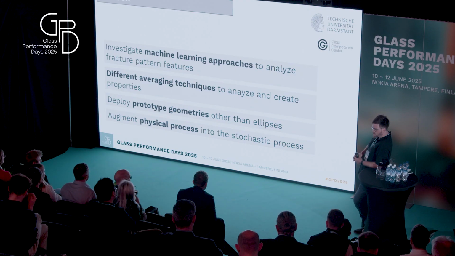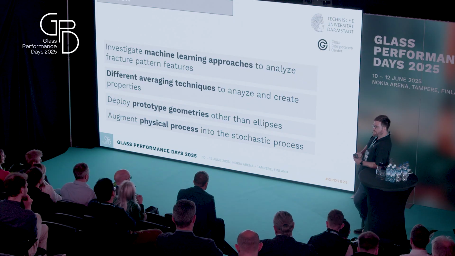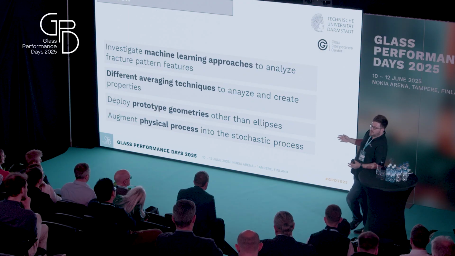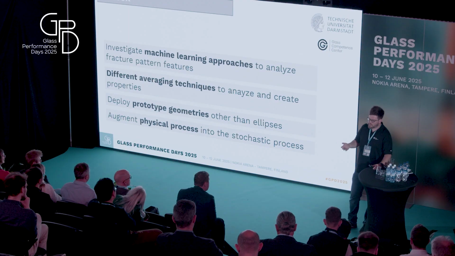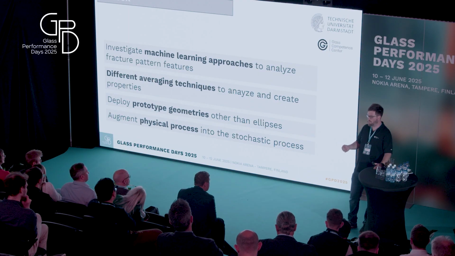Then there are different averaging techniques, and what I mean by that is I've shown you the matrix before with the colorful parts of the fracture intensity. They are interpolated linearly between two fracture states. But who knows, if we look at more dense data models, we need other averaging techniques, like something non-linear.